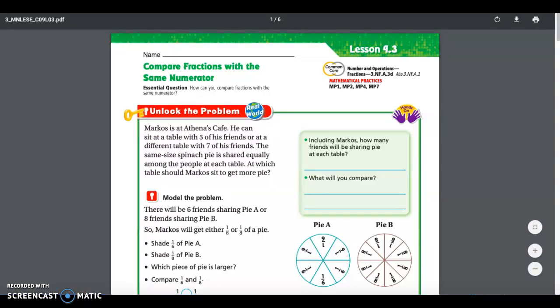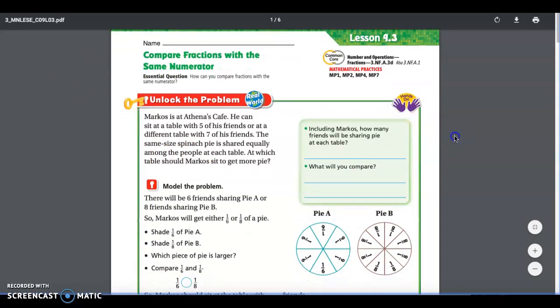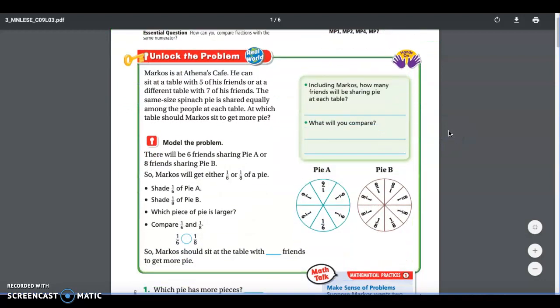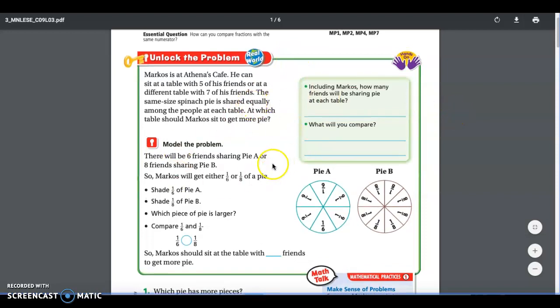Hold on. I'm going to try and pull it up. Oh, okay, I see Marco's Athena. Here, I'm going to pull it up. This one? Yes. Awesome. All right. If you have your book, take it out. If you don't have your book, really fast, run and go grab it. Or if you don't want to grab it right now, that's fine, because you'll be able to see this video later. I didn't find my book. Okay, then you're going to have to find it later, because you have to send me a photo.